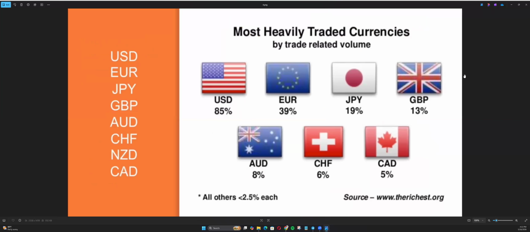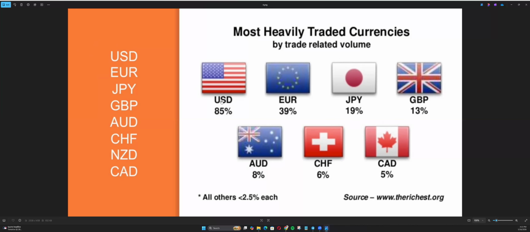So we have different countries, their flags, and their currencies. For the USD, we know that is the United States dollar. Usually it's the country symbol before the currency symbol.